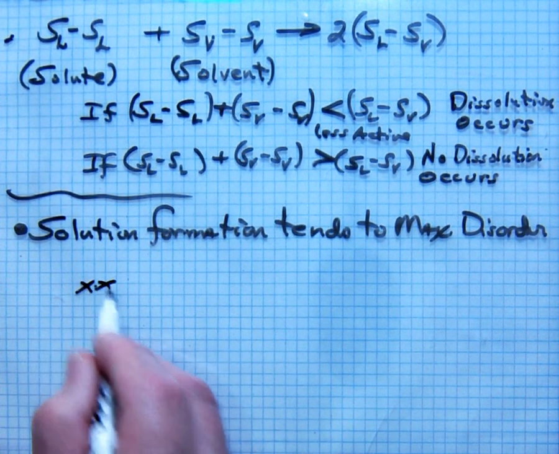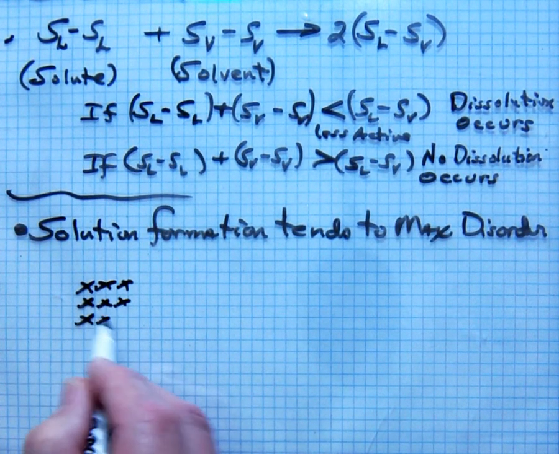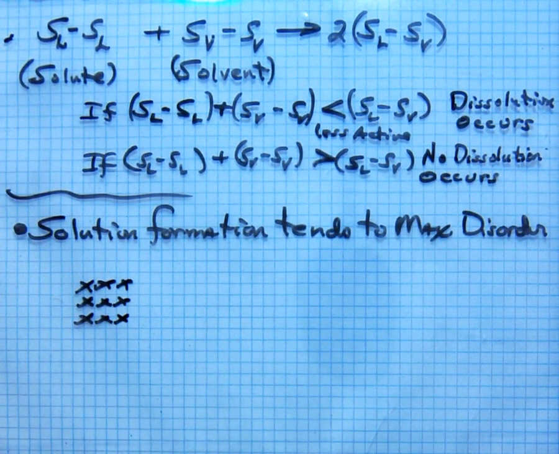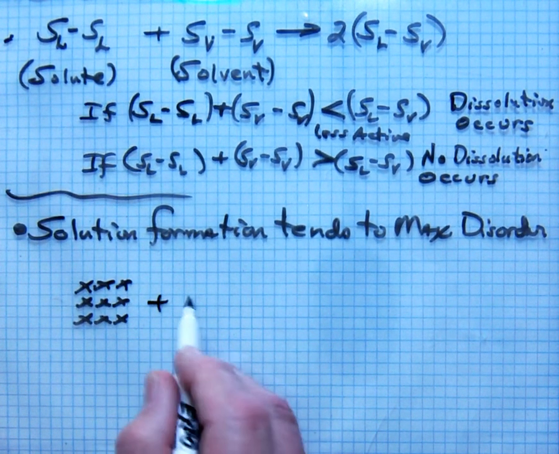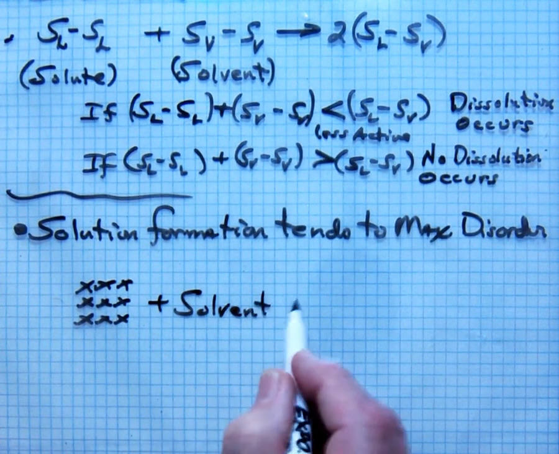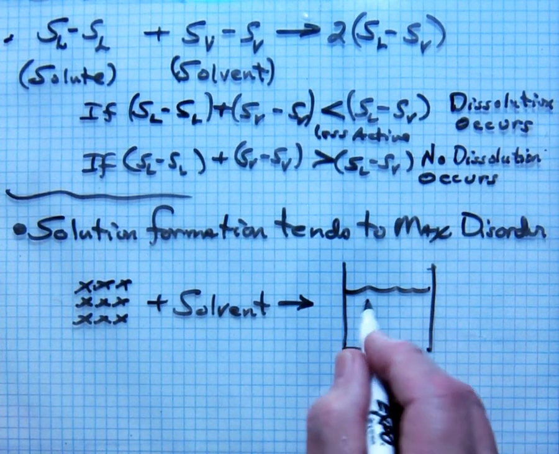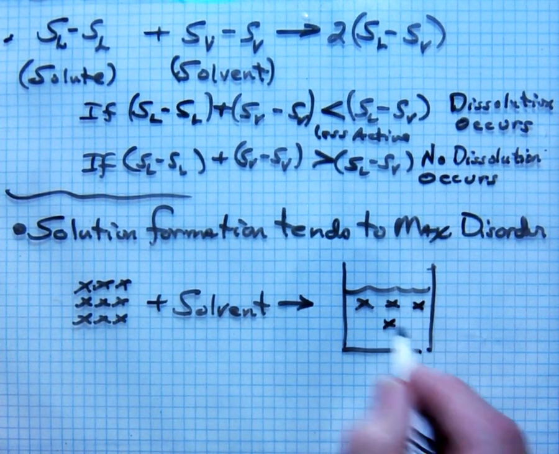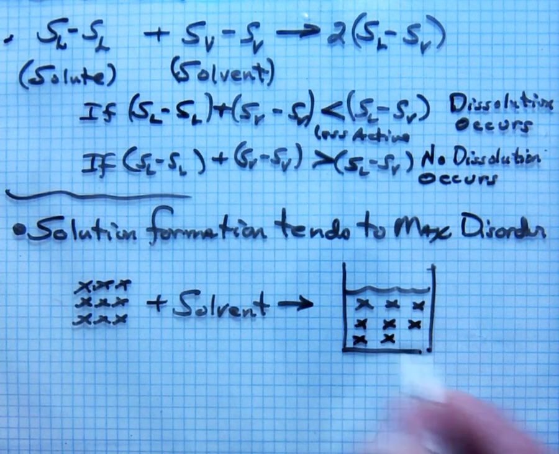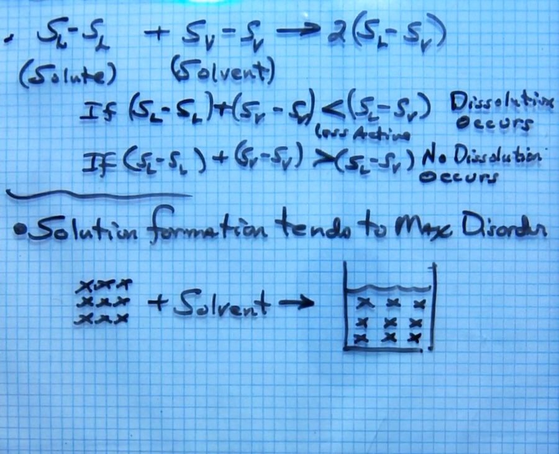So if we have a solid that's in a geometric ordered structure like a salt would be, then plus the solvent, in that solvent, what you would have is an equal homogeneous distribution, but the disorder and the spreading out occurs because of the tendency to achieve the greatest degree of entropy.